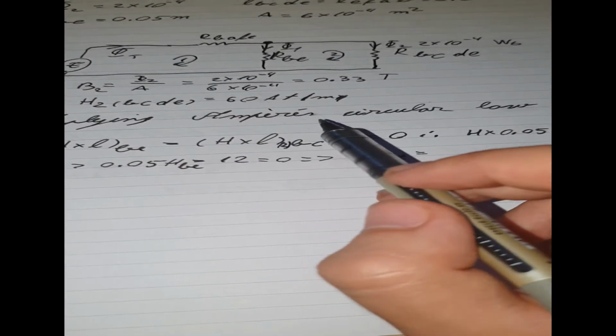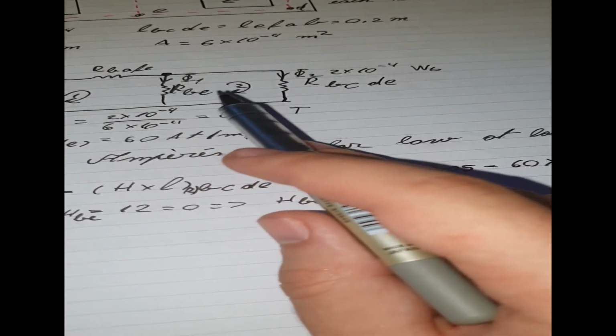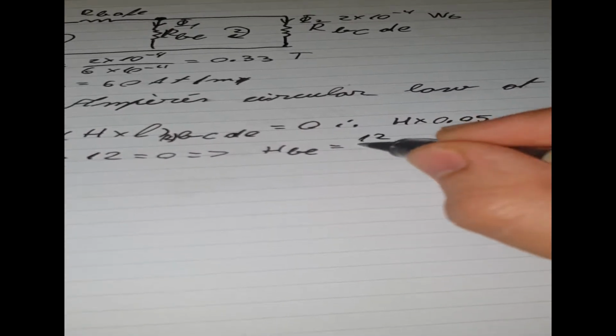It's named Ampere's circular law because they share the same voltage. If you take away these two voltages, it'll be equal to 0. This is what I'm trying to get to. But anyway, HBE is equal to 12 divided by 0.05, which is 240 AT per meter. A very nice number indeed.